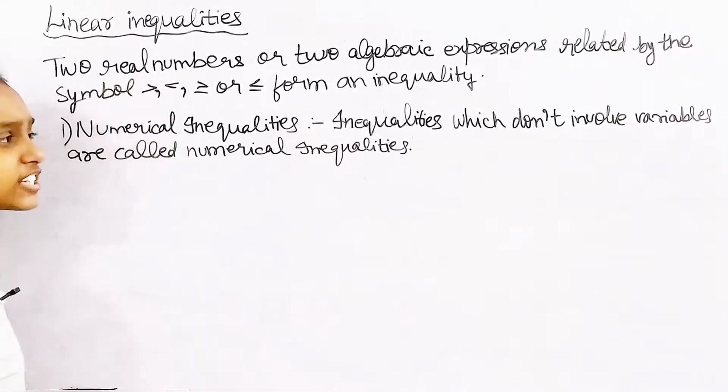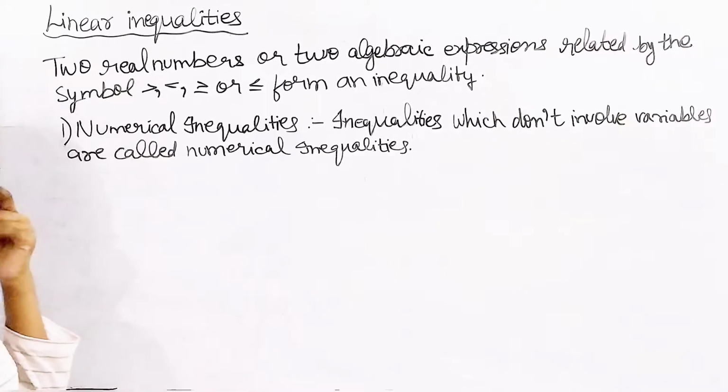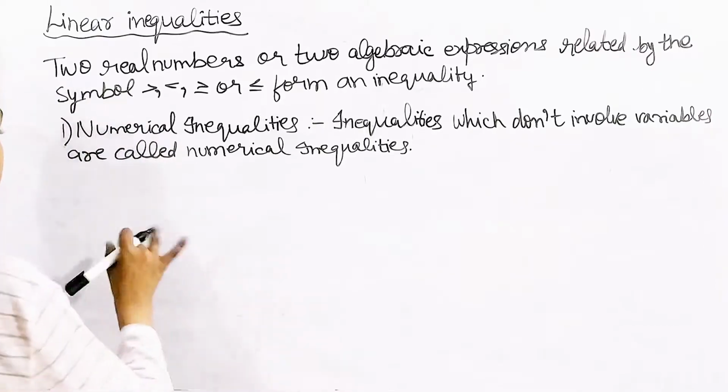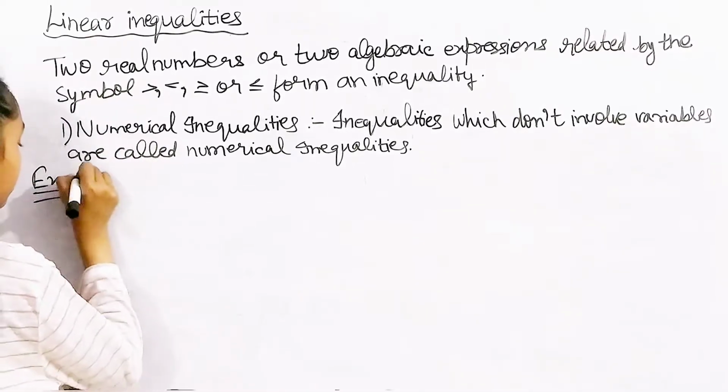So it's a really short definition and I hope everyone's clear with it. Let's take a few examples and then we'll move on to the second type. This topic is really easy peasy, right? So let's move on to the examples.